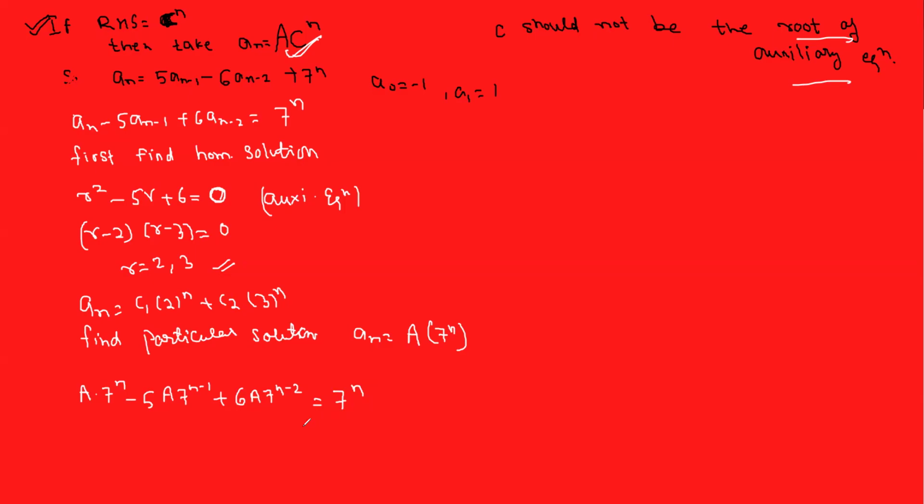So put here A 7^n. Understood? Now solve for A. How will you solve for A? Take A common.